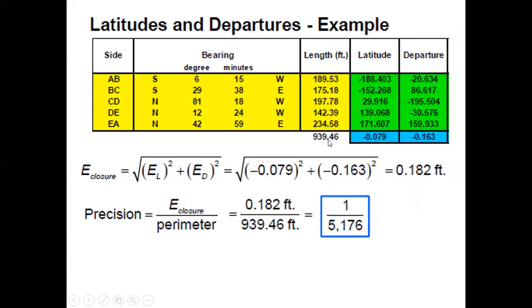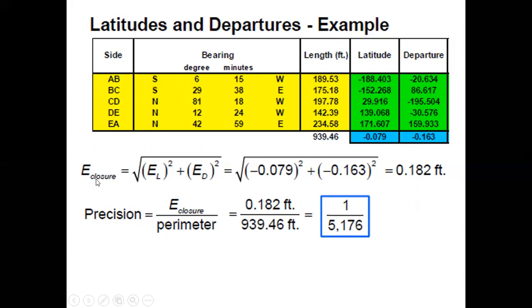This value represents, of course, the perimeter. If we sum all the latitude values, this will give us E sub L, the error in latitude. Similarly, for the departure, if we sum, this will give us this value, negative 0.163, which represents the error in departure.